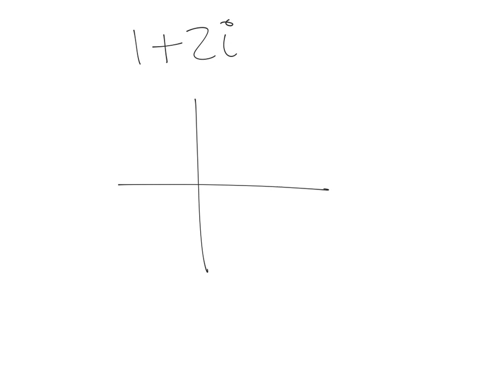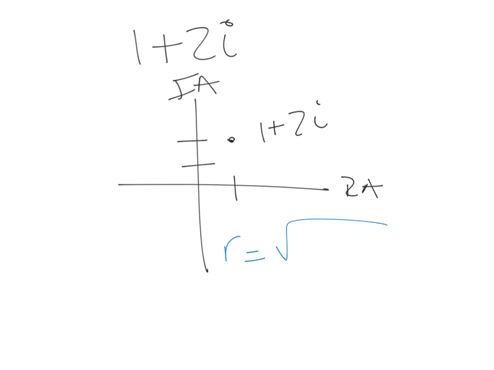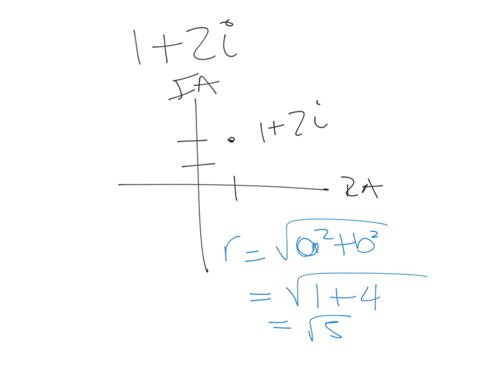We had that plotted on the real axis and the imaginary axis, and we said that that was here, 1 plus 2i, and now I want the absolute value, the distance from the origin to that point. So we're going to define that as r equals the square root of a squared plus b squared. So very similar to the magnitude of a vector. So I'm going to take 1 plus 4, and that's going to equal square root of 5.